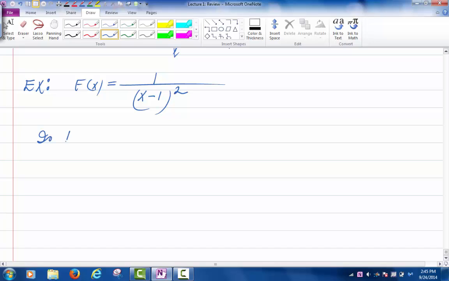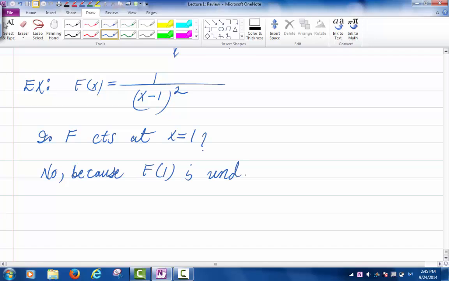Well, this is pretty easy to say, right? No. Why? It's just undefined, because f of 1 is undefined. Okay, that was pretty easy.